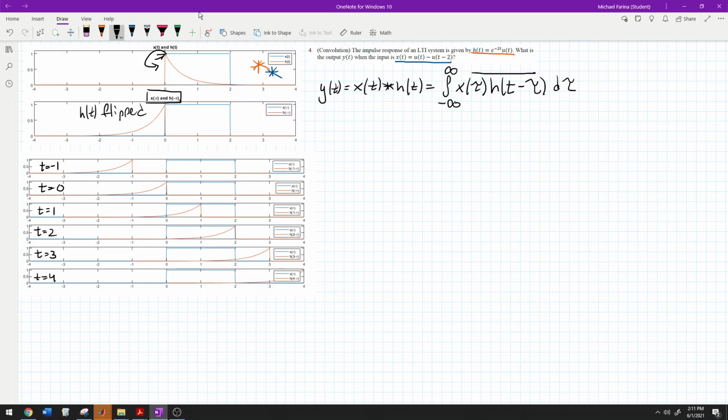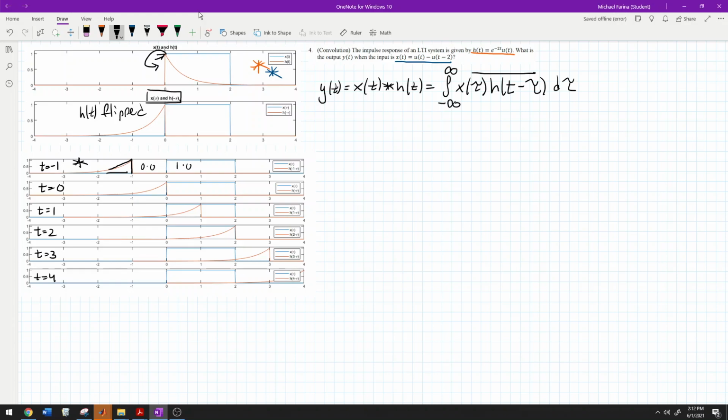Now for t less than 0, if we look here at the top, we have no interaction. We have h being multiplied by 0 right here. So that's 0, and then we have 0 being multiplied by 0, and in this snapshot here we have 1 being multiplied by 0.